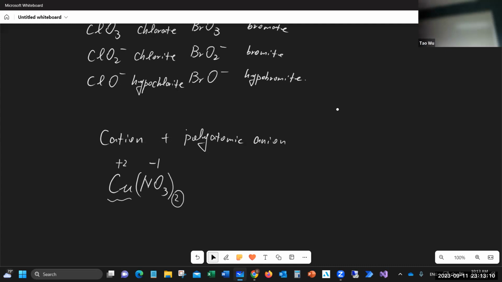Here it's 2 positive, so you name it copper, specify 2, and then write the anion's name, nitrate. So this is called copper 2 nitrate. That makes sense, right?